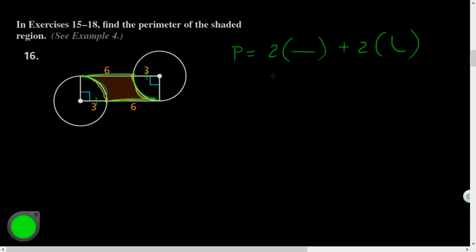So the perimeter is just going to be 2 times 6 plus. Now how can I find this arc length? Let's just call that x. Well, there's multiple ways of thinking about it.